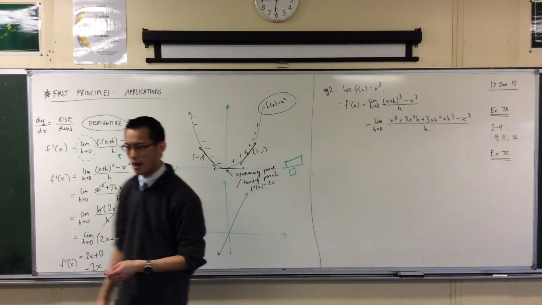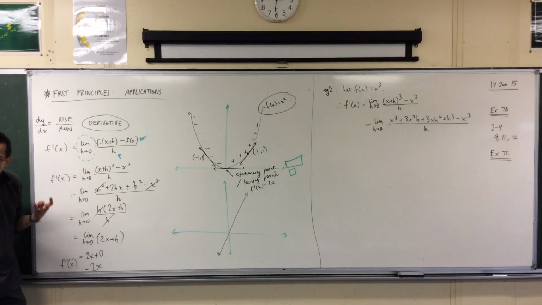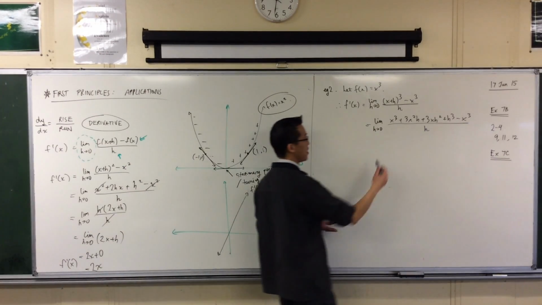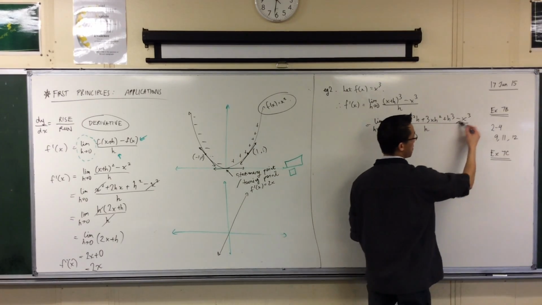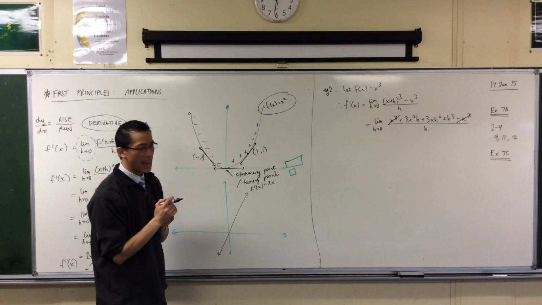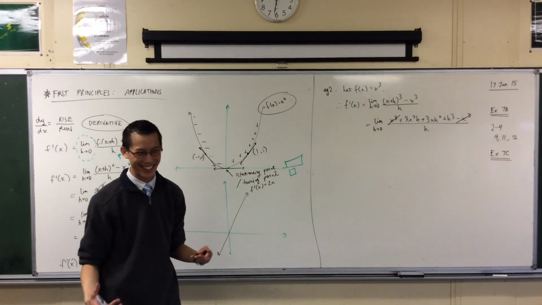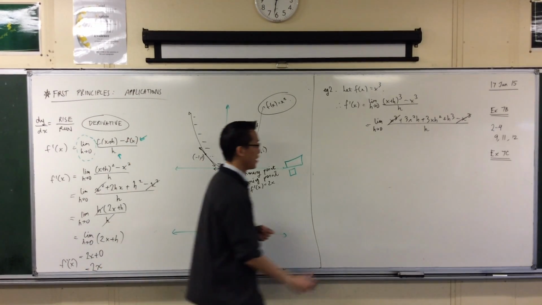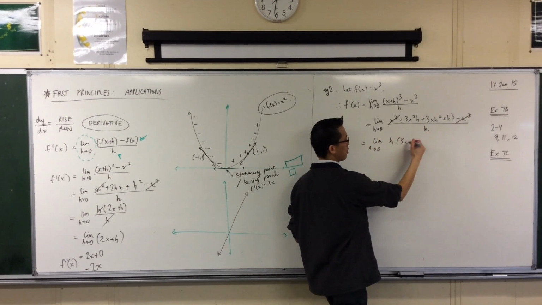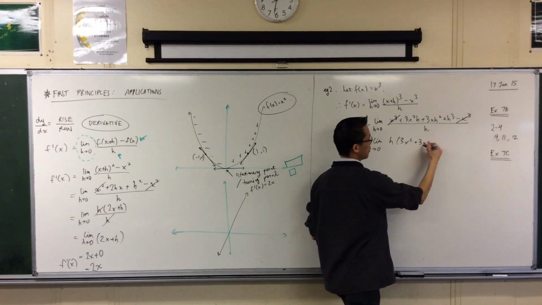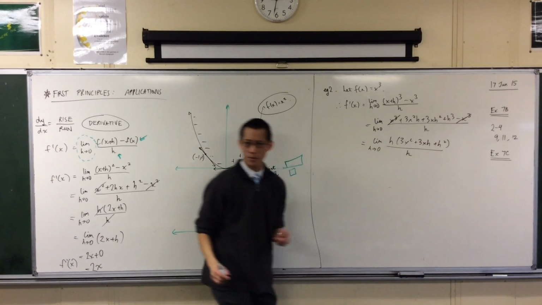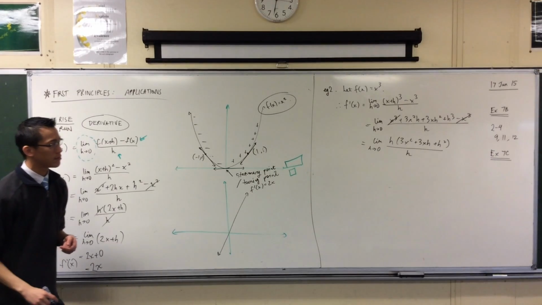And you can see, almost an identical thing happens on the numerator. You've got this x cubed up the front and this minus x cubed at the back. And then all of the terms on the top magically have an h in them, so let's factorize that out, h outside of the brackets.